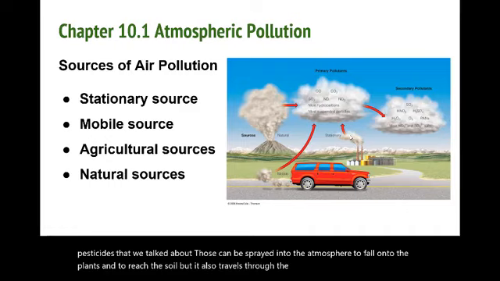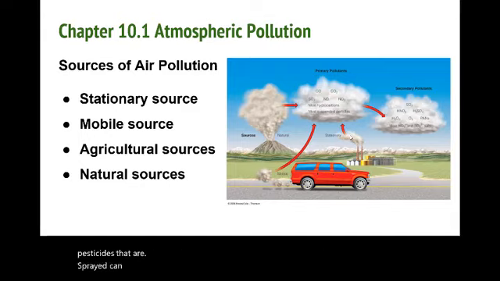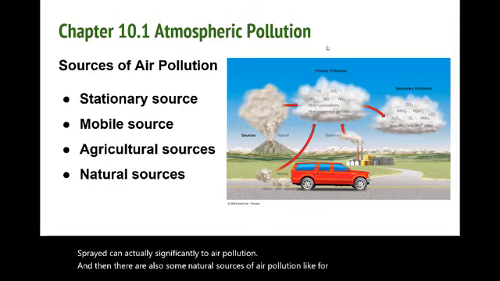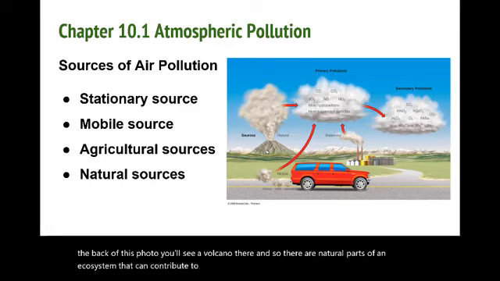And so a lot of agricultural pesticides that are sprayed can actually contribute significantly to air pollution. And then there are also some natural sources of air pollution, like for example, if you look in the back of this photo, you'll see a volcano there. And so there are natural parts of an ecosystem that can contribute to pollution as well.